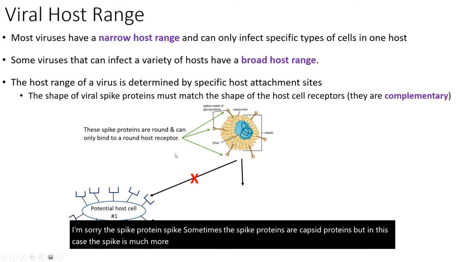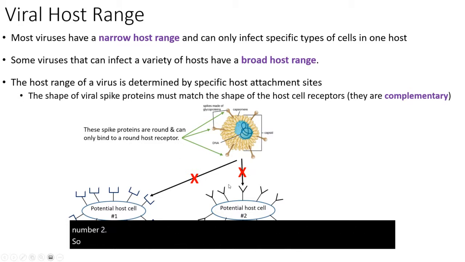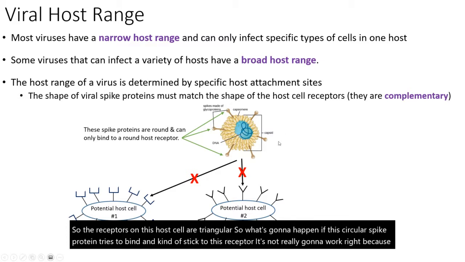All right, so let's look at potential host cell number 2. The receptors on this host cell are triangular. So what's going to happen if this circular spike protein tries to bind and stick to this receptor? It's not really going to work, right? Because the shapes aren't the same.